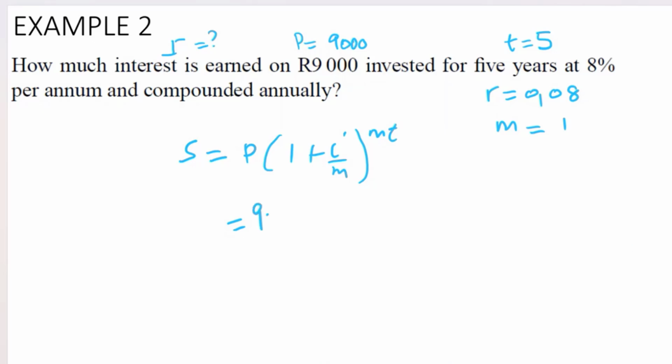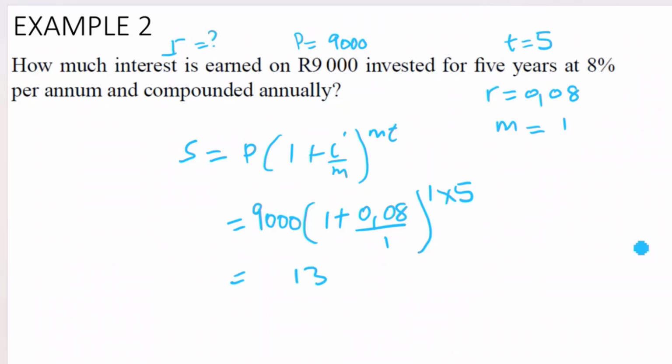So you've got your 9,000 into 1 plus your interest is 0.08 over your M is 1, multiplied by 5. Okay, you plug this into your calculator, you will get 13,223.95. That is your S.